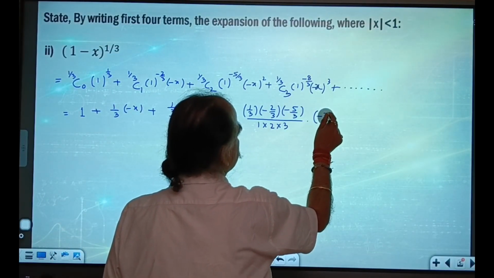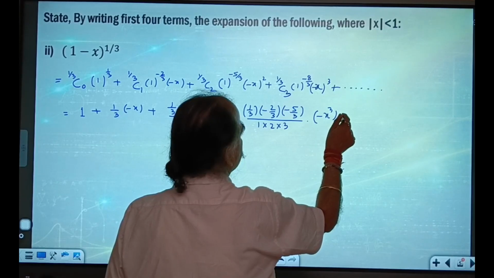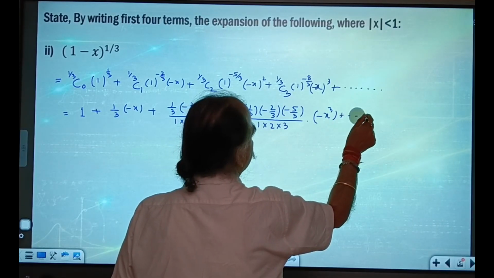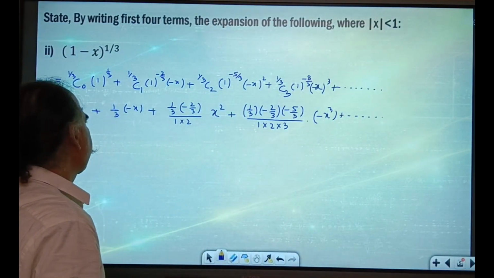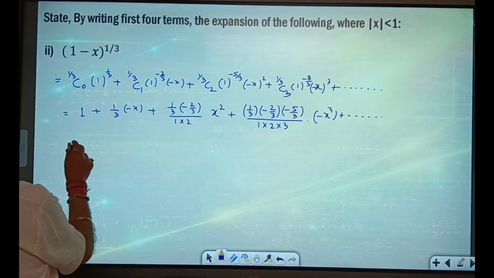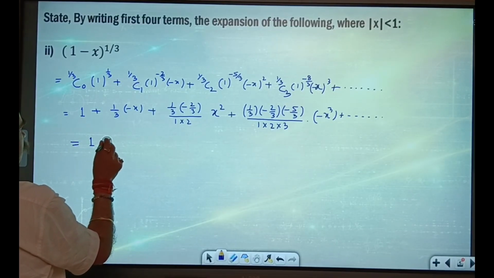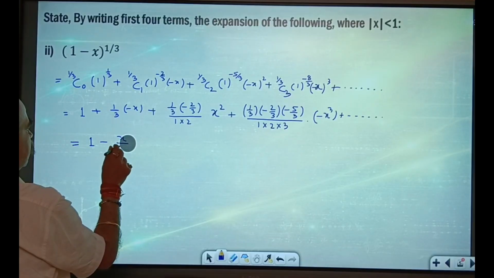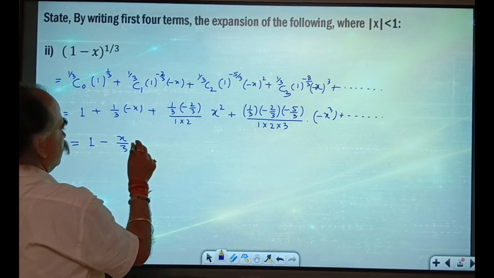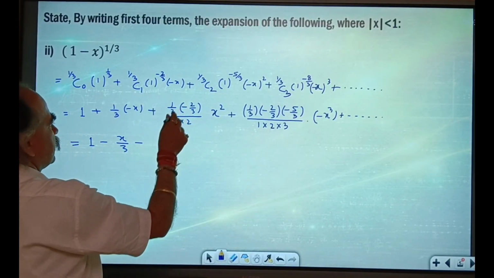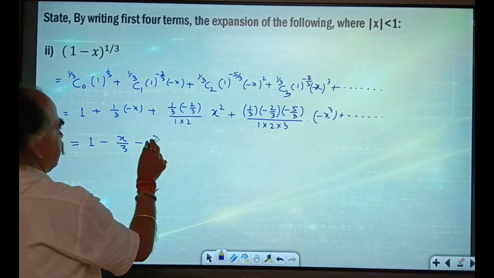Will give you what? Plus so on, which is equal to 1 minus x by 3, minus 2 to cancel, x square by 9.